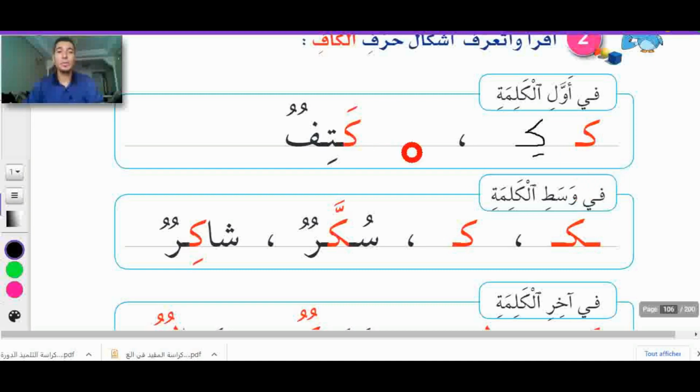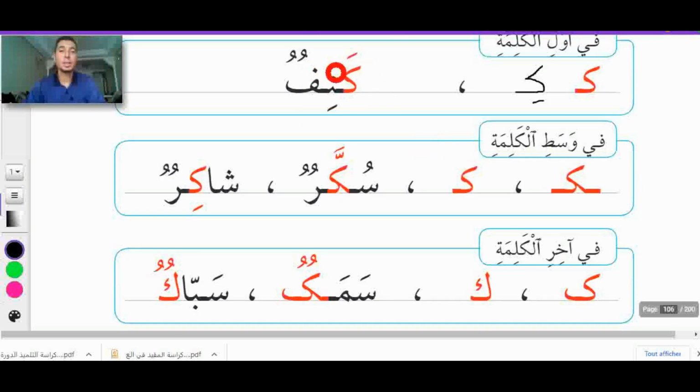Yes, so we have here some words with the letter k or al-kaf. بعض الكلمات, some words. كلمة is a word. كلمة, it contains the letter k in the beginning.